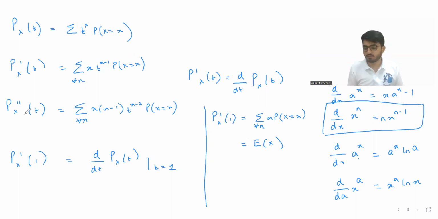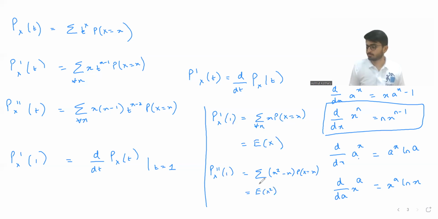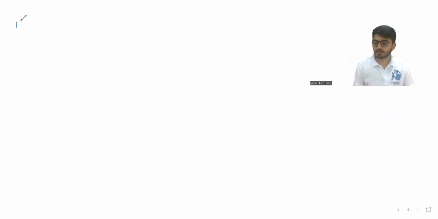Similarly, if I put 1 over here in the double derivative, what I'll have is summation of x into x minus 1, which I can write as x square minus x. Can I write this as expectation of X square minus expectation of X? Or from here, can I write that expectation X square is nothing but P double dash at 1 plus P dash at 1?